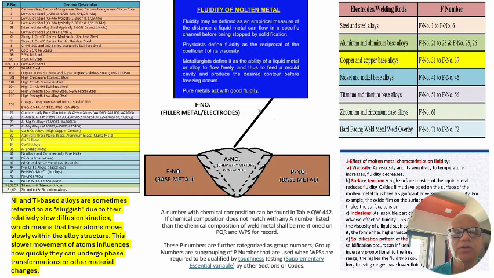And therefore the three numbers are very important for us: the P number, F number and A number. Now once we understand that this is going to be different, we also see the fluidity of the molten metal, which is also a factor for A numbers to separate it out. There are certain alloys which are sluggish because of the diffusion kinetics, how the parent metal and the weld metal are going to adhere to each other, and that depends upon the sluggishness or the viscosity or the fluidity of the metal.